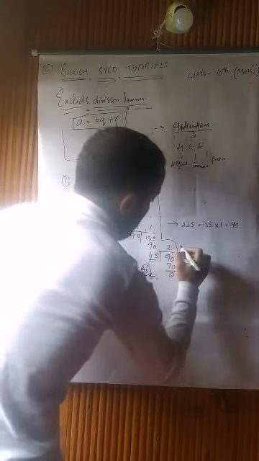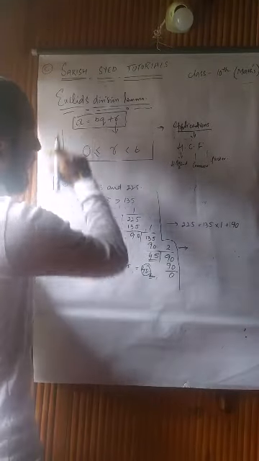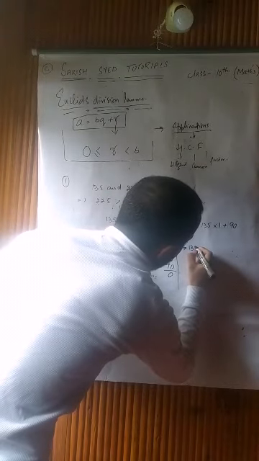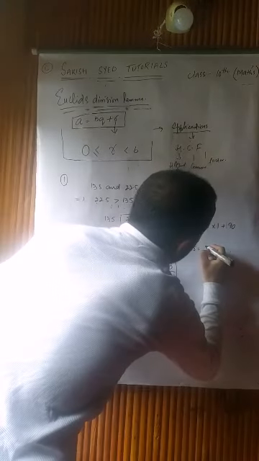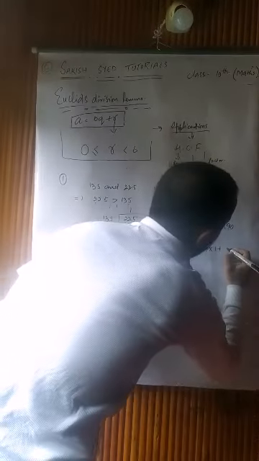Now the second step. A is the dividend, so here 135 is equal to B, the divisor 90, into the coefficient 1, plus the remainder 45.